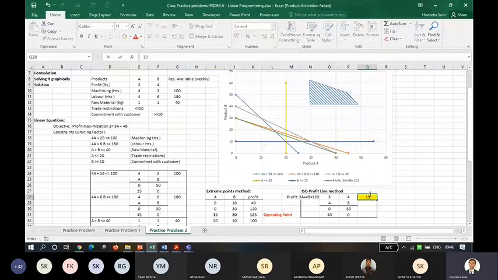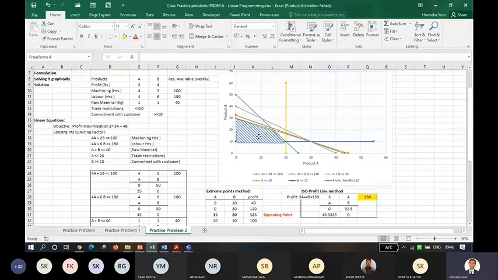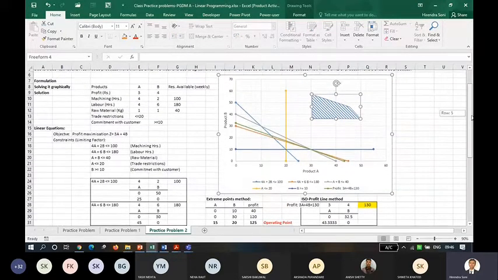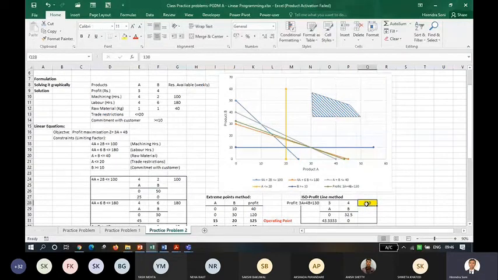When I make it 130, I go outside my region. See, this is my region. So I have gone outside my region, and hence this cannot be my solution. So I will be going back again. I will reduce it and make it 125. When I make it 125, it is just touching this point.